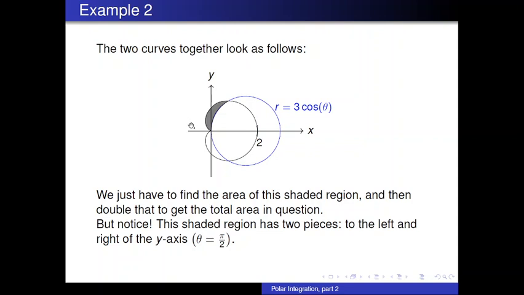And notice what's different there. On the left side of the y-axis, it looks like the lower r bound is this circle, r equals 3 cosine of theta, and the upper radius bound is the cardioid, 1 plus cosine of theta. So the lower bound and the upper bound are both functions of theta.